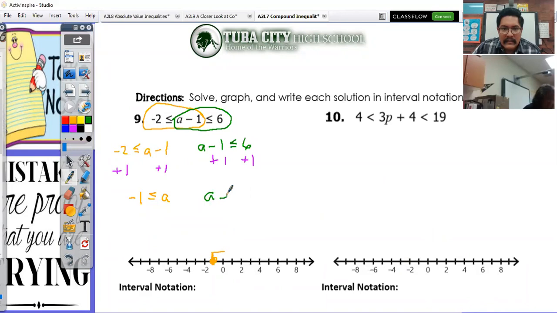A is less than 7. And there you go, mark out 7 with a filled circle. And now I gotta find out which way to go. So A is less than 7, so again, test it out. 4, so 4 is less than 7, that is true. So everything between here and there is a solution.